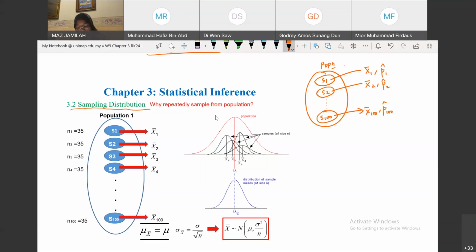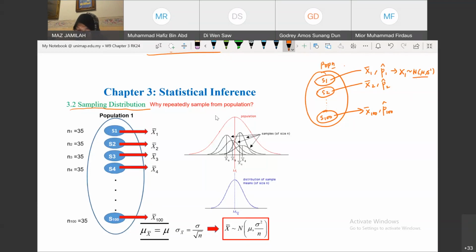When we repeat sampling like this, this is what we call the sampling distribution. Why? Because from this first sample, assuming this X follows a normal distribution, X1 is normally distributed with mean mu and variance sigma squared. Remember, our sample represents our population.